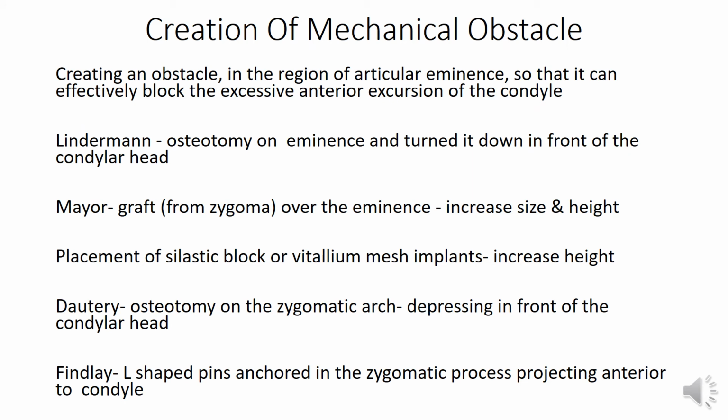For the creation of a mechanical obstacle to avoid subluxation, you create a mechanical obstruction in the region of the articular eminence so that it can effectively block the excessive anterior excursion of the condyle. Ligament pins or osteotomy of the eminence, turned down in front of the condylar head, can be used.